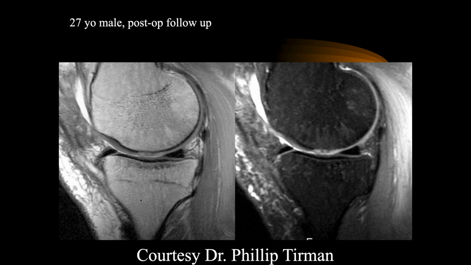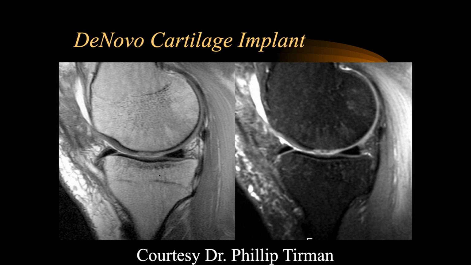And this is like a T2? Is that a T2 non-fat-sat? Yeah. On the T2 non-fat-sat, it looks like there's a normal contour. It doesn't have normal signal intensity, but it looks like there's filling. Like there's no full thickness defect. So this is another transplant called a de novo cartilage implant here.